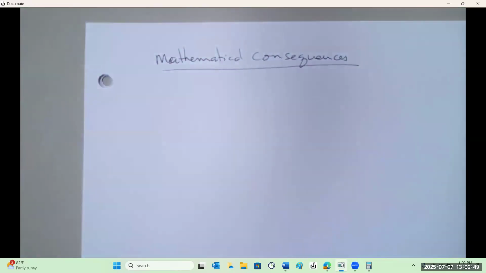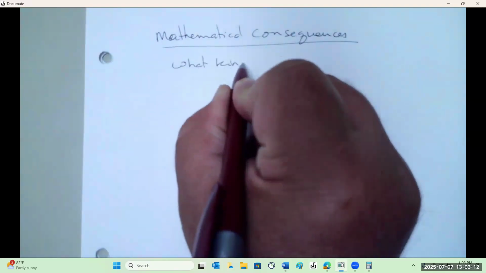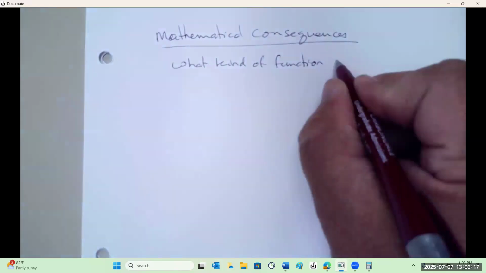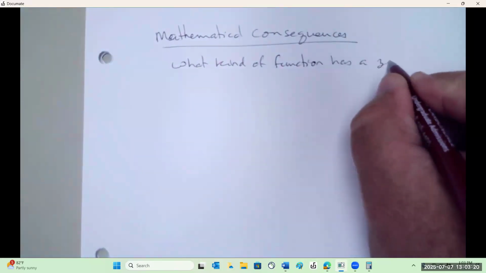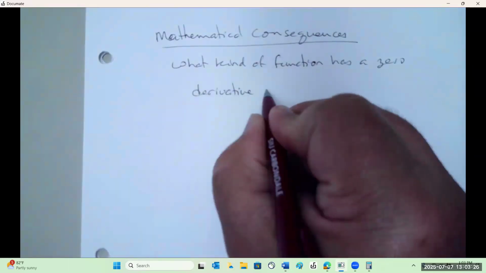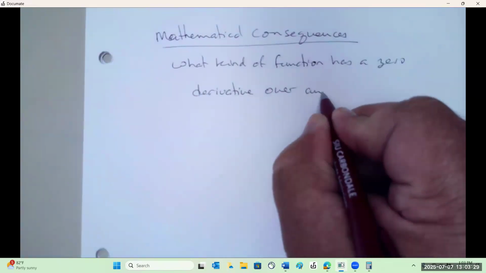Mathematical consequences. These are corollaries to our theorems we just talked about. The question we're looking at is: what kind of function has a 0 derivative over an interval?